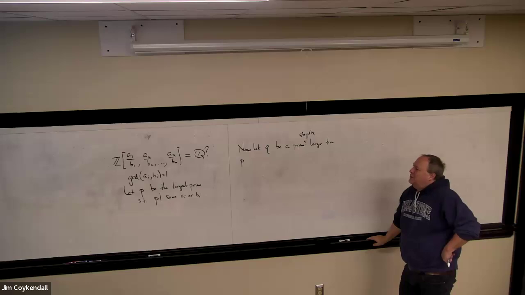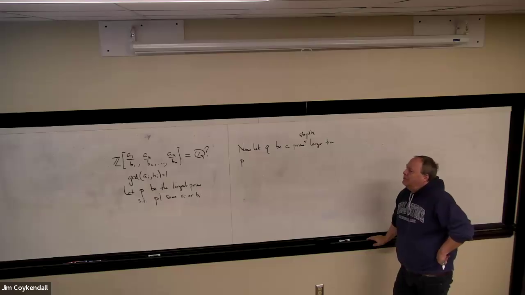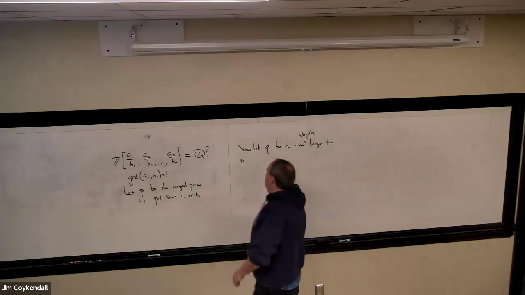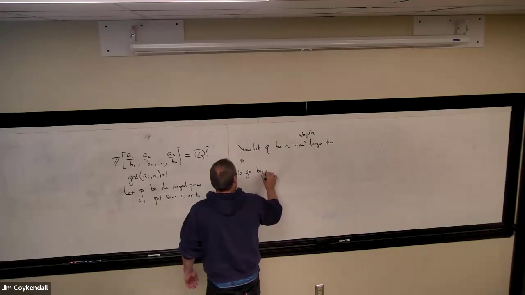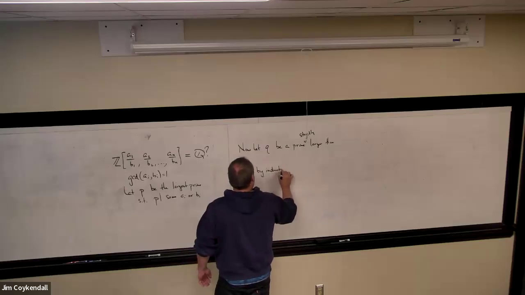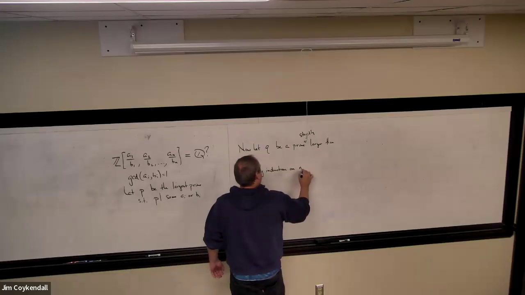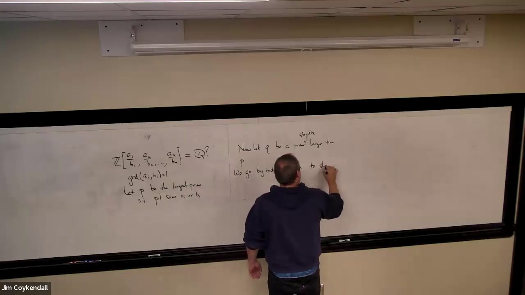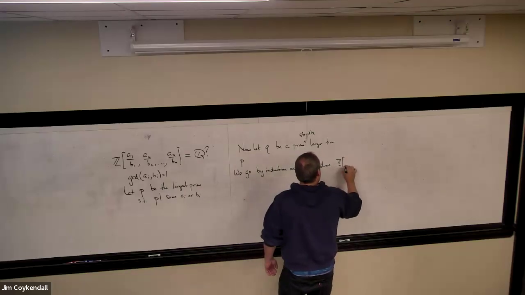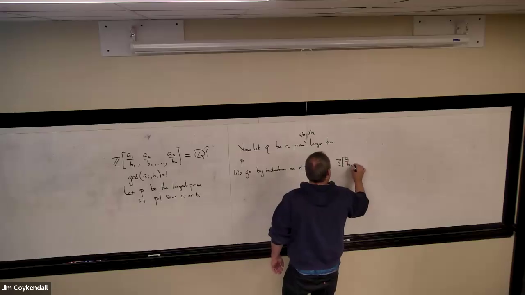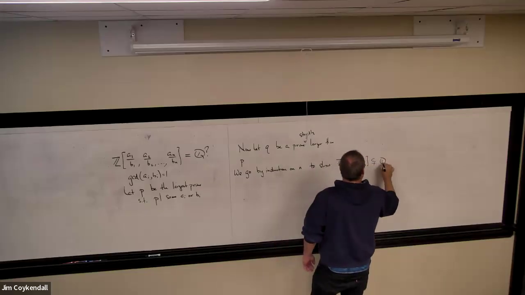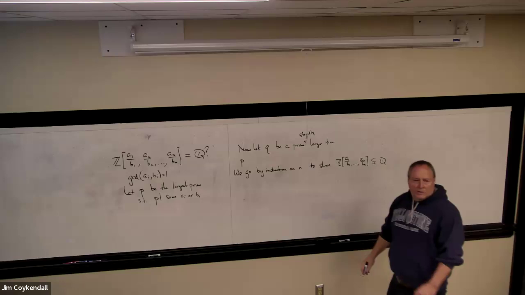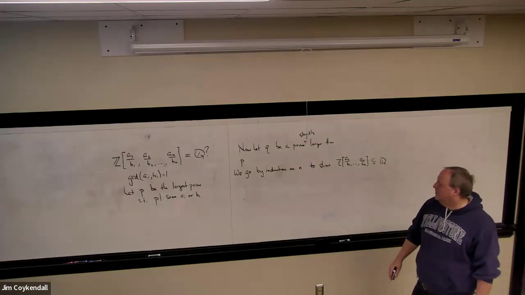But now that I think about it, I think I probably want to go by induction, right? All right, so I'll keep with this notation. So we go by induction on N to show that Z adjoined A1 over B1 up to AN over BN is strictly contained in Q. So you can never do this with finitely many fractions.